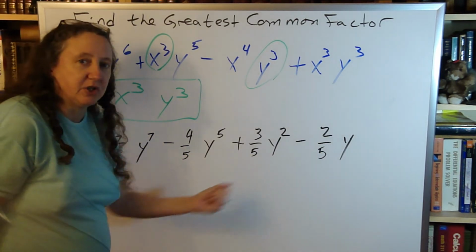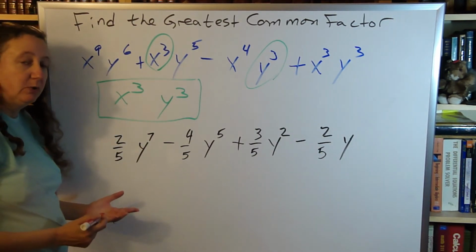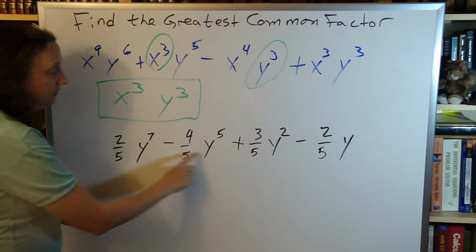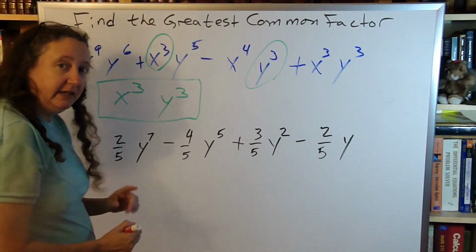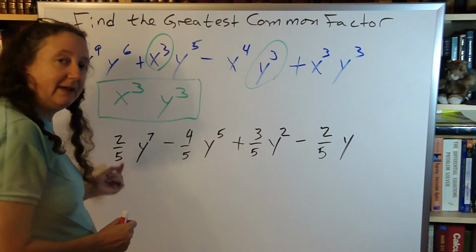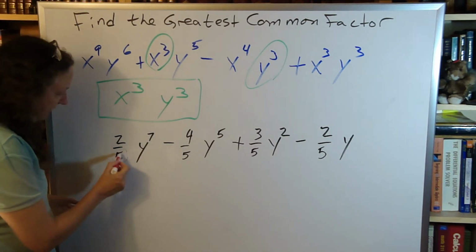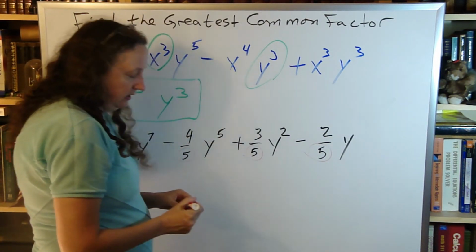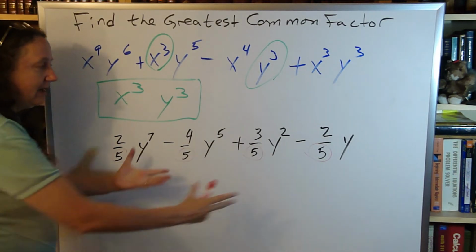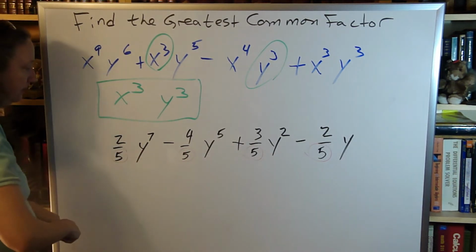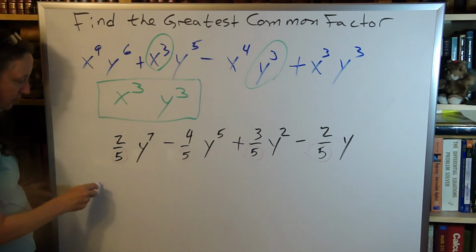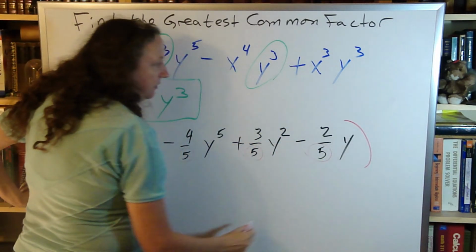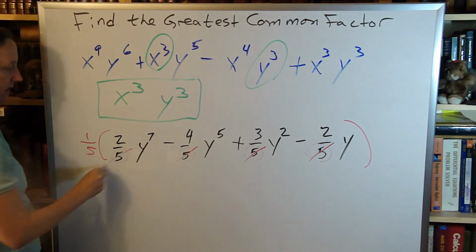Looking at this with the fractions. People don't like fractions. You want to get rid of the fractions first, if you can. So since this is all adding and subtracting, what I need to do first is look to see, do I have a common denominator? 5, 5, 5, 5. Yes, I have a common denominator. So I am going to pull that fraction out to the front. So I am going to write 1/5 times all of this, and I'm going to get rid of that fraction.